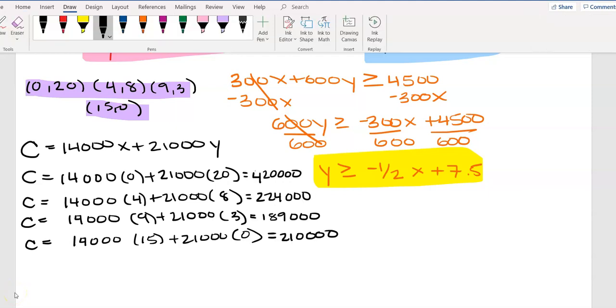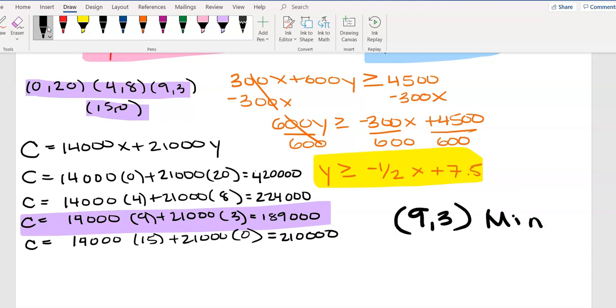So I typed in each of those ordered pairs, and I got my cost for each one, so I can see that the one with the lowest cost is the ordered pair 9, 3. So 9, 3 is going to be the winner. It's going to give us our minimum value of 189,000. So there you go.